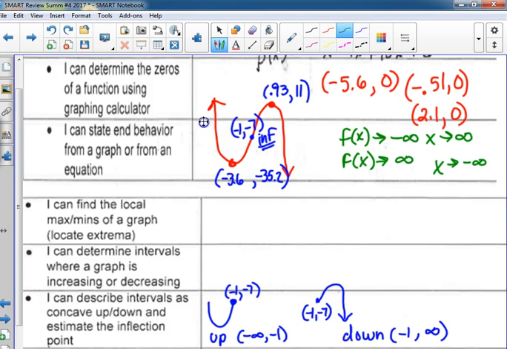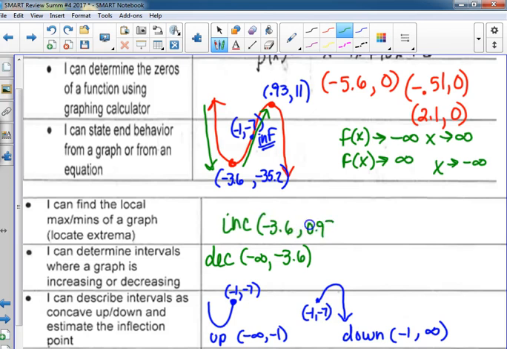We go back up here and we go from the left, it's doing what? Decreasing. And how are we going to state that? Negative 3.6, using our x's. The next chunk is increasing from negative 3.6 to where?